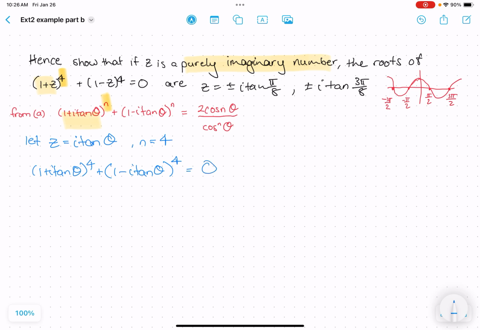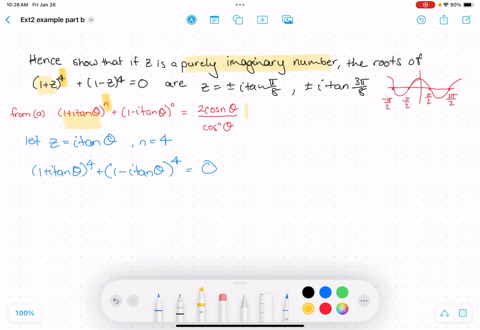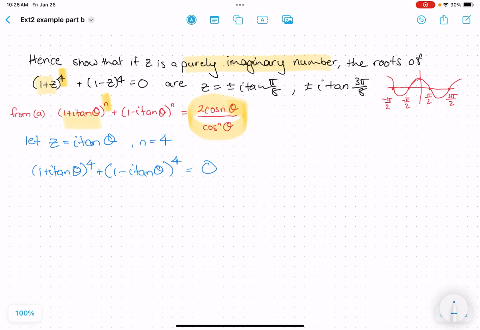But from A, remember, if we put n equals 4 in there, that left-hand side is the exact same as 2 cos 4 theta on cos to the power of 4 theta. That is exactly the same, and that's much easier to solve if you're finding the roots.